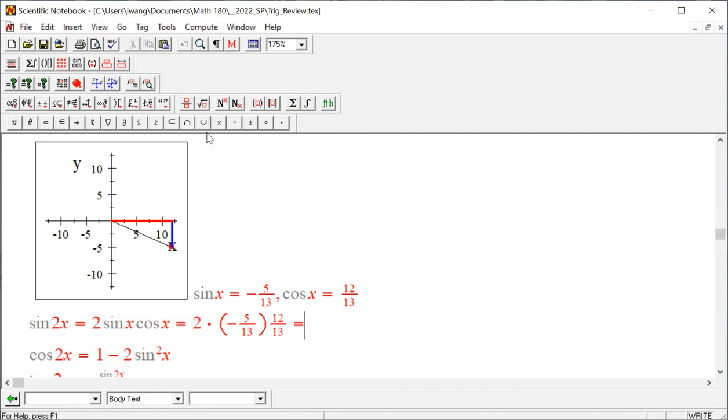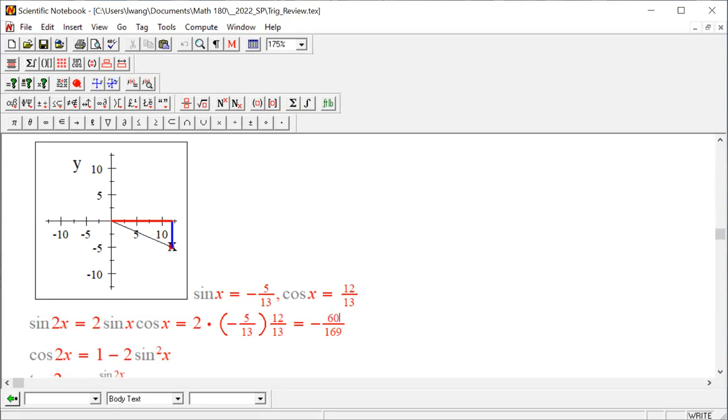So the answer for the double angle is going to be negative. 13 times 13 is 169, and it's going to be a negative number. And 5 times 12, that's 60.